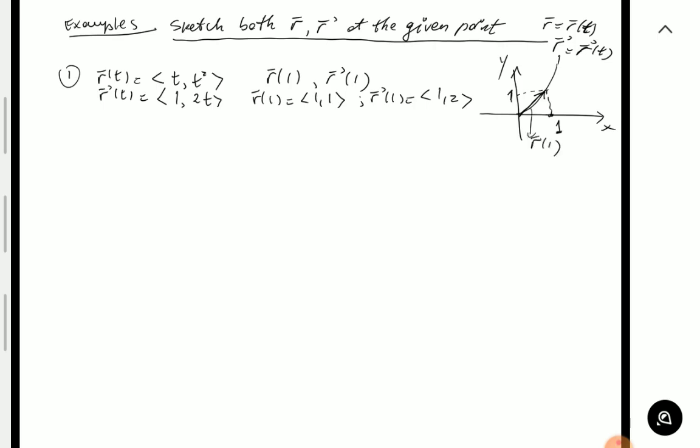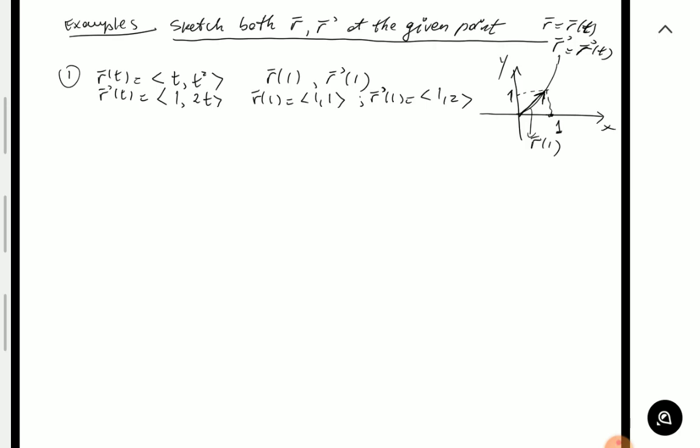Now, here's another remark that we have to ponder a little bit. Normally, if I were to sketch 1, 2, right, r prime of 1, which is the vector 1, 2, since it's in the component form, I should probably draw it starting at the origin. But remember what I told you.